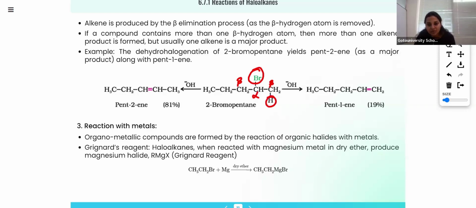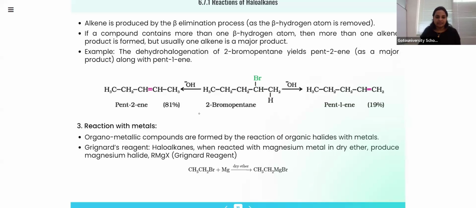If the hydrogen is removed from this beta carbon, the double bond forms between these two carbons. That is the pent-1-ene product. Another possibility: the halogen is removed, but the hydrogen is removed from this beta carbon, and the double bond forms between the second and third carbon. This is the product. So pent-1-ene and pent-2-ene are the products. The major product is the one where the hydrogen is removed from the carbon containing fewer hydrogen atoms. So pent-2-ene is the major product. Getting my point, right? Okay.